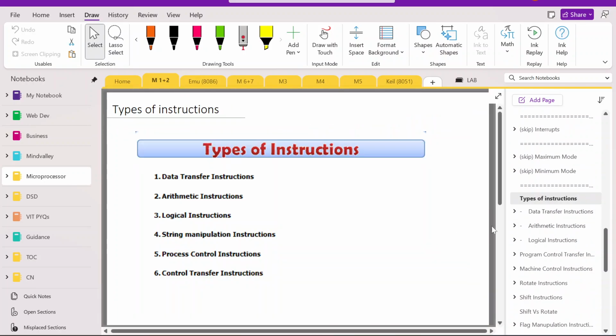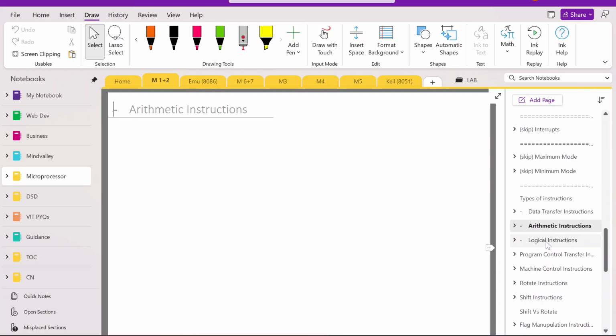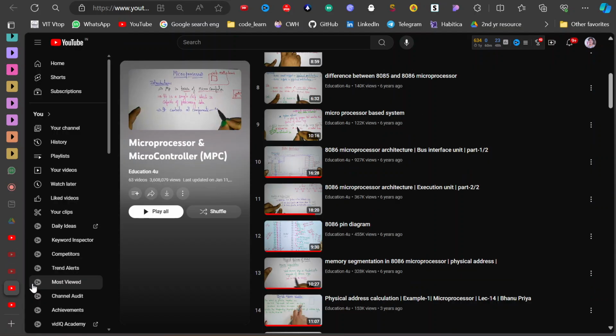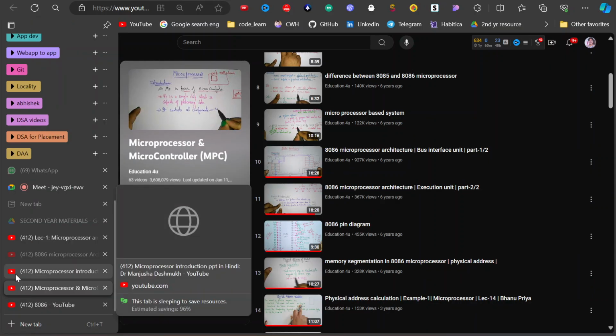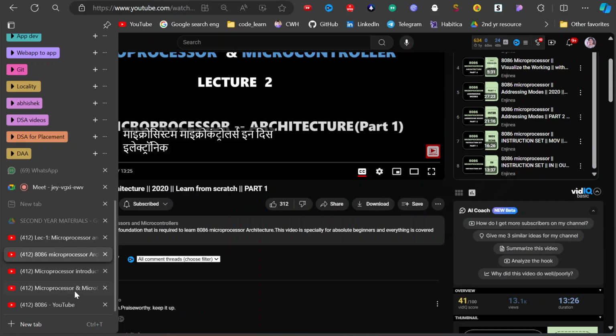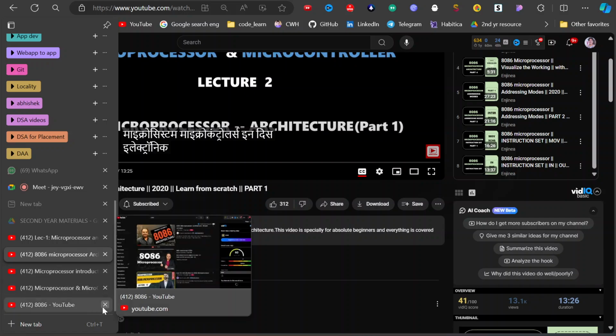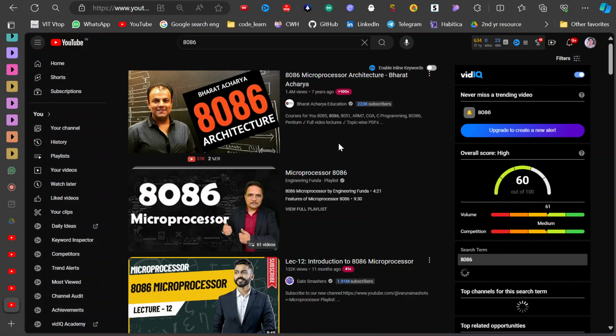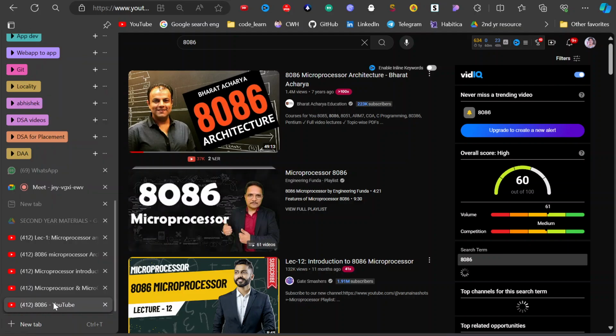So then come the instruction sets. This is an insert from the PPT, and I will tell you which is the best PPT. You need to understand the theory by switching between Education 4U and these two playlists. Basically, you have to switch between those three playlists to understand, and not search individual topics, because they won't get connected unless you find a playlist, and the best playlist I told you is that one.